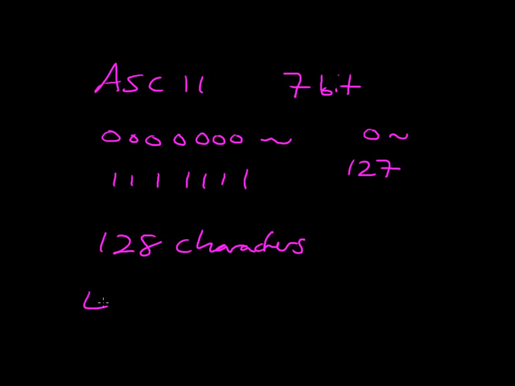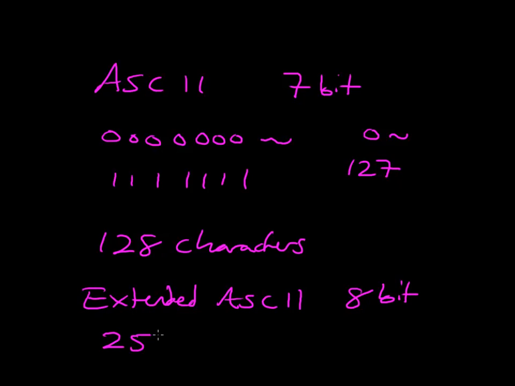So what they did was extended ASCII. And this often included other strange characters like a block or a half filled in block. And this gave us another 128 characters. Extended ASCII was 8-bit or 1 byte. So each character needed 1 byte, and that gave us 256 characters.